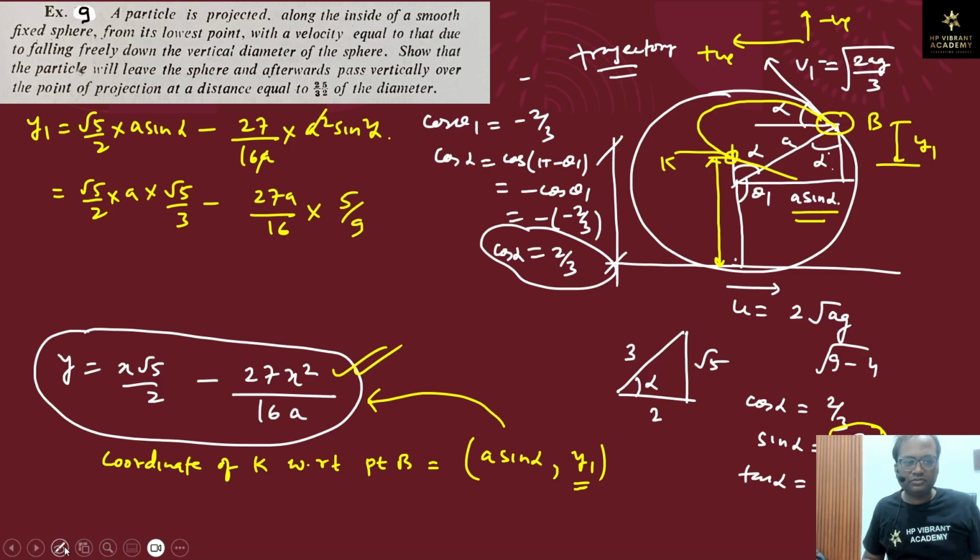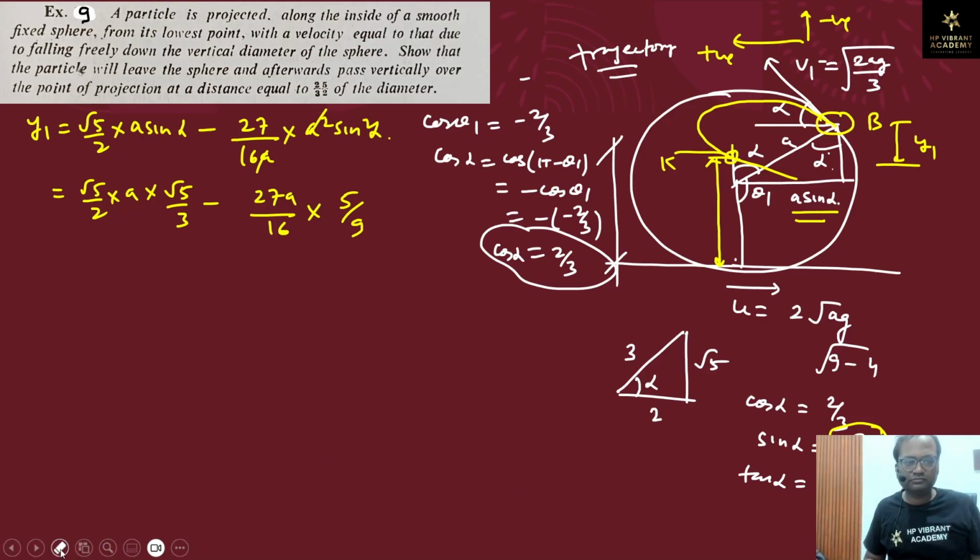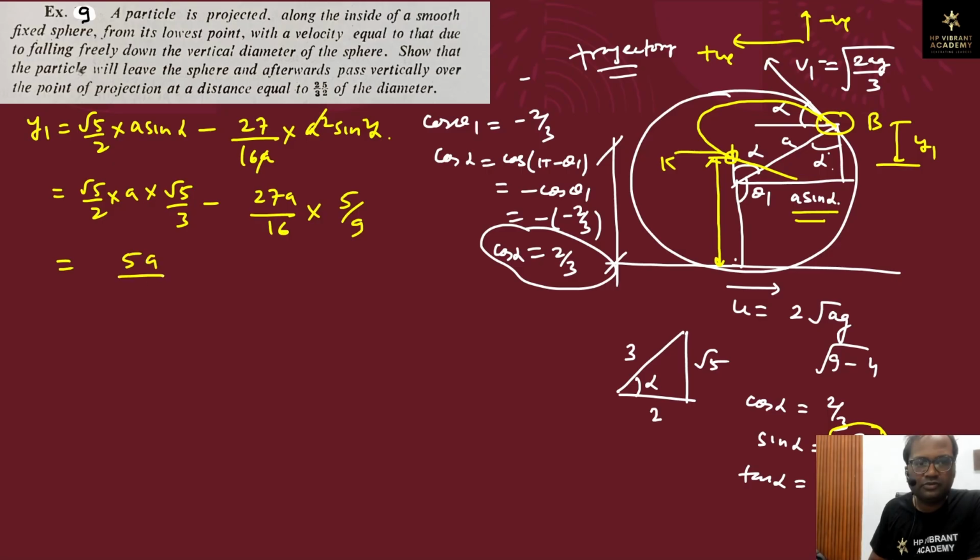Okay, so let us further simplify this. 5a upon 6 minus 15a upon 16.